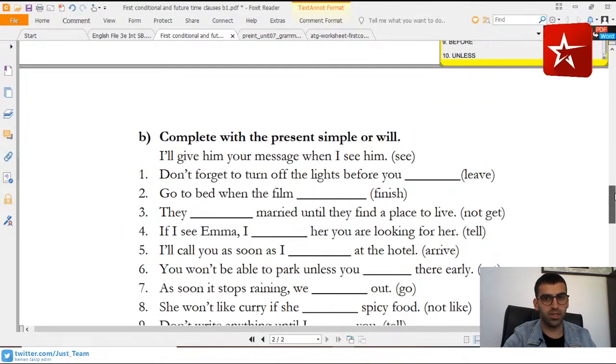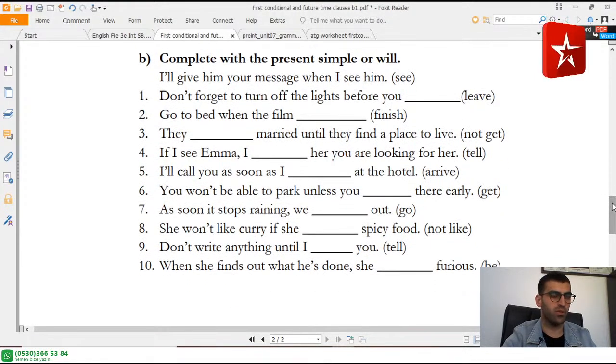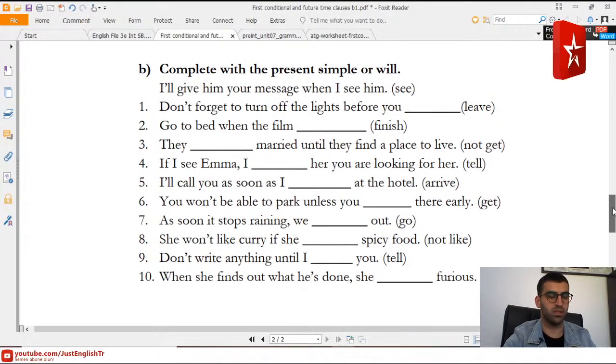And let's do part B, complete with present simple or will. As you know from the grammar for the first conditional sentences, we use present simple in the if side and we use future simple for the main clause.